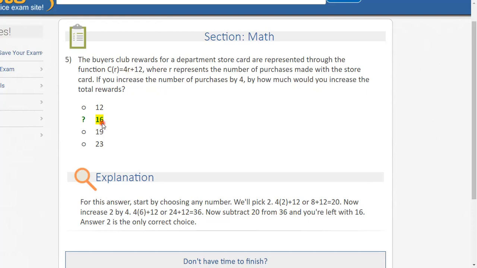That 16 was the increased amount. There is no option of 28, but they are asking just for the increase, how much will be increased. It is 16 plus 12, 28, but the increase is only 16. So this was the correct answer.